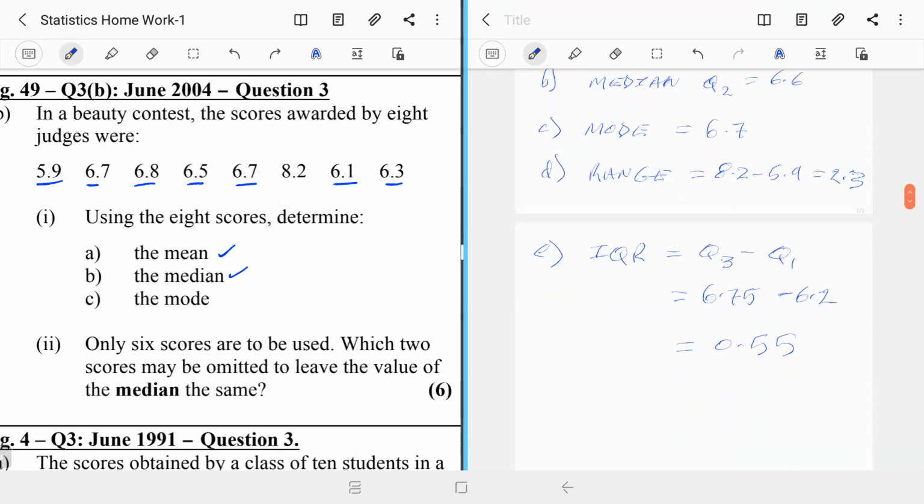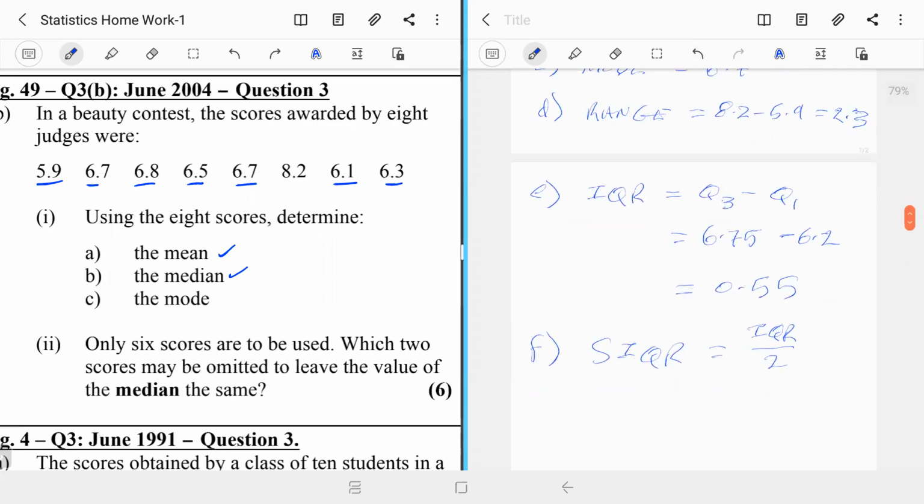And in part F, if now I wanted the semi-interquartile range, what is the semi-interquartile range equal to? Anybody? Remember, semi means half. So it's half of the interquartile range. So it's the interquartile range divided by 2.